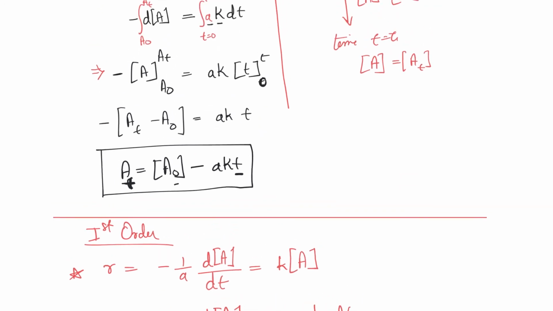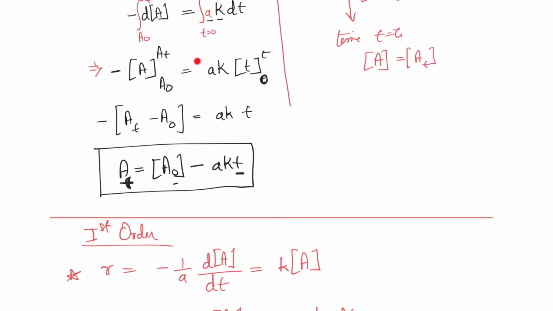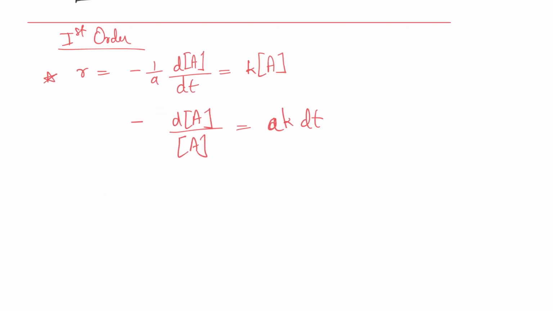Now we already know what happened with aK dt, that is aKt. So I'm not going to do that again, right? Let's simply write it down as a final result because that is the fate, aKt. Let's just worry about this one. So when you integrate this, what do you get?